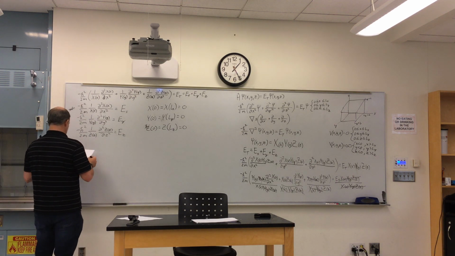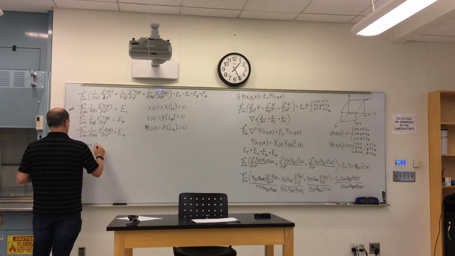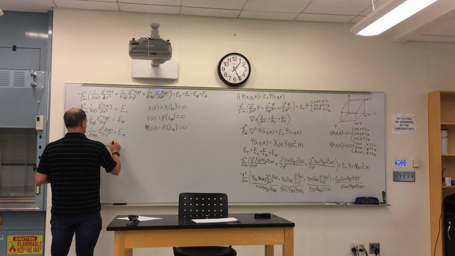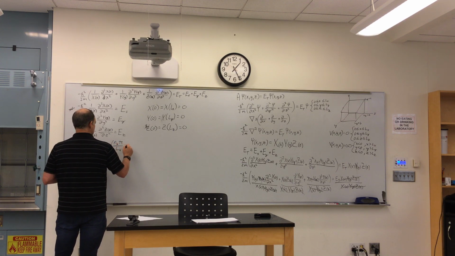So that tells us that our X of x for a given n value will be equal to A in the X direction sine of the quantum number, or n, in the X direction, pi over Lx times x.